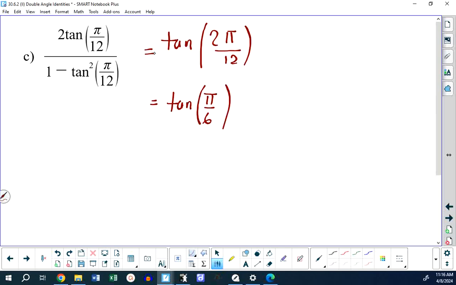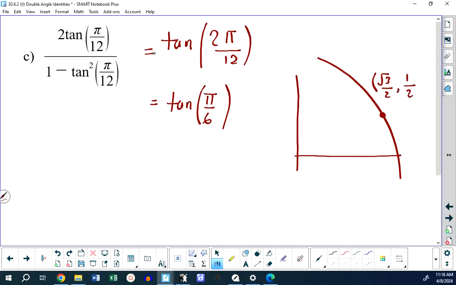And this is something that, again, you should be able to figure out what the tangent of pi over 6 is without a calculator. Pi over 6 is here. The x-coordinate is root 3 over 2, and the y-coordinate is 1/2. Tangent is y over x. Right? This is just a review here. You don't have to verify it this way.